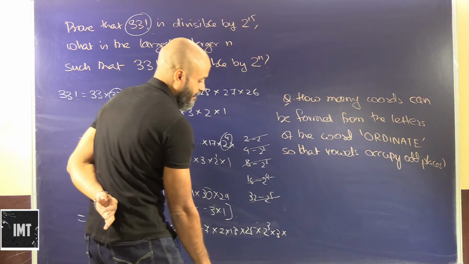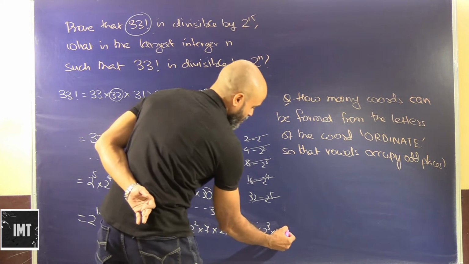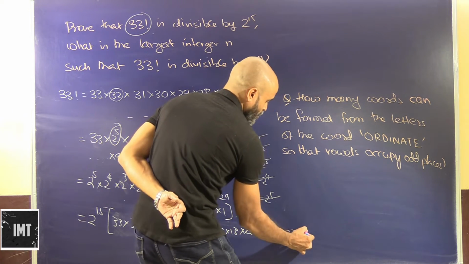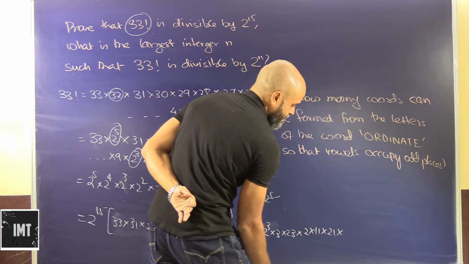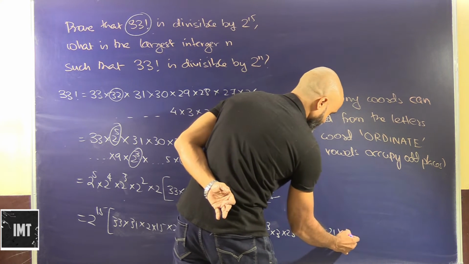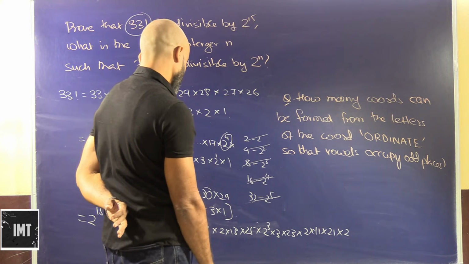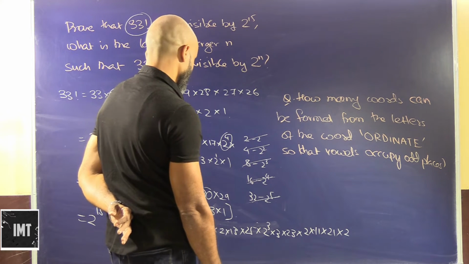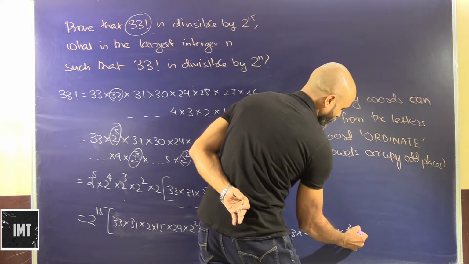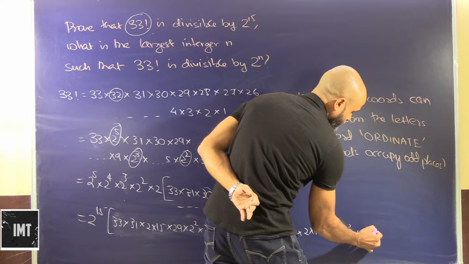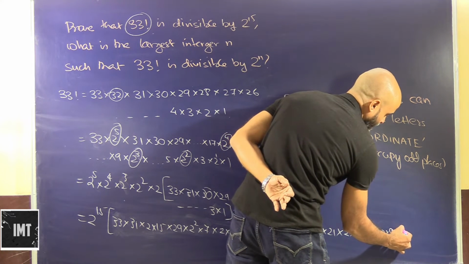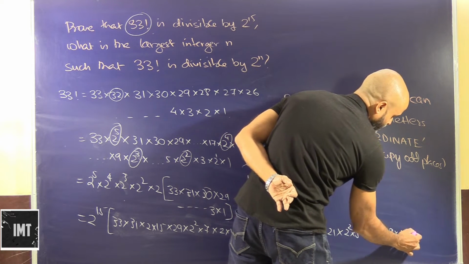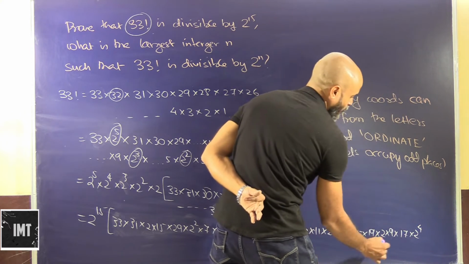Then we have 23, it remains as it is. 22, that is 2 into 11. 21 remains as it is. 20, that is 2 square into 5. 19, we have 18, that is 2 into 9. We have 17, we have 16, that is 2 to the power of 4.